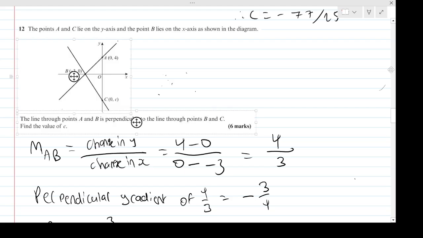But in general, if you're trying to work out an unknown value that's different to what the question's saying, say if I was working out this point here, I wouldn't call it C, it'd be different to C, so I'd have to use a different letter there.